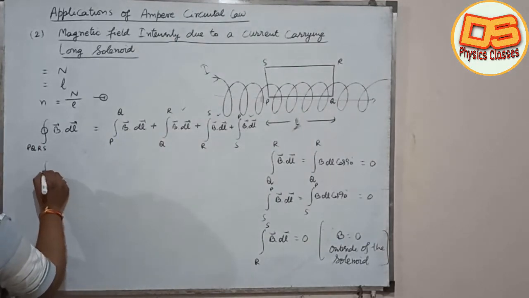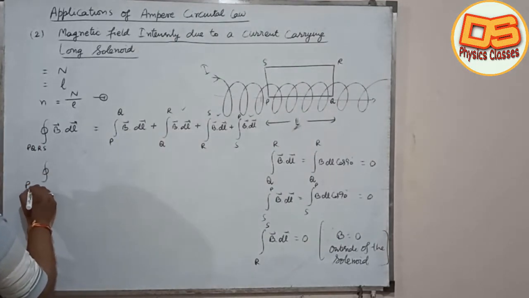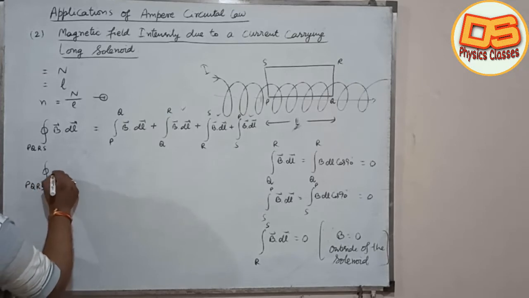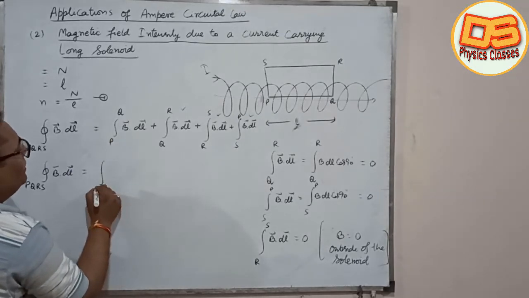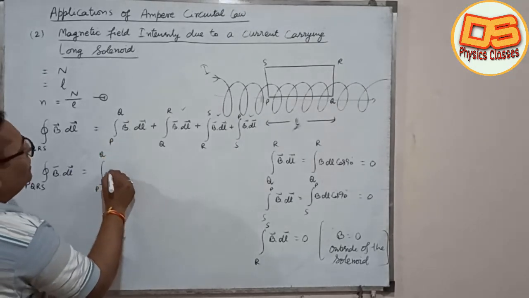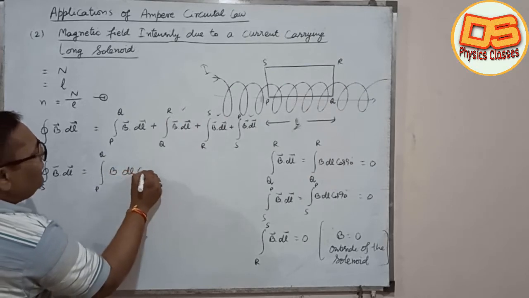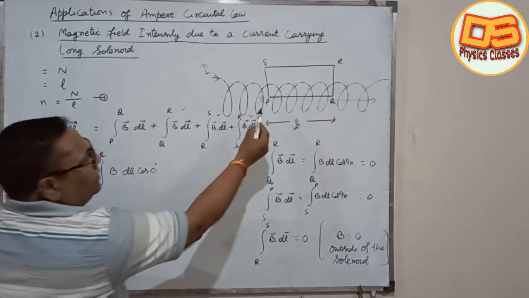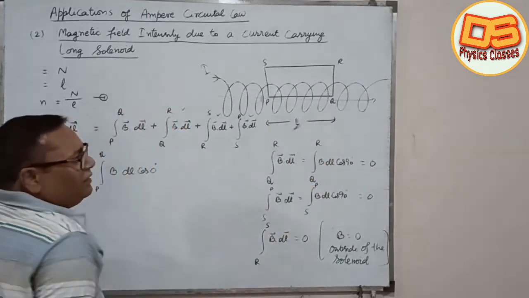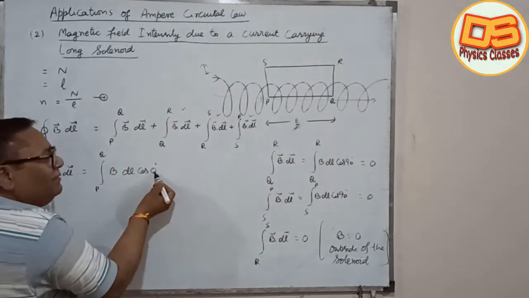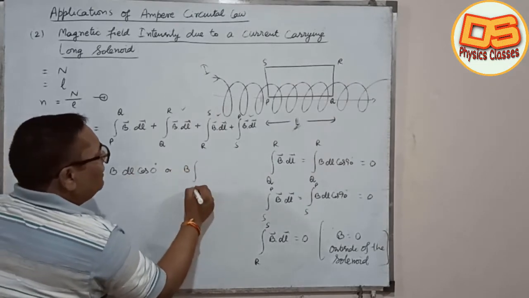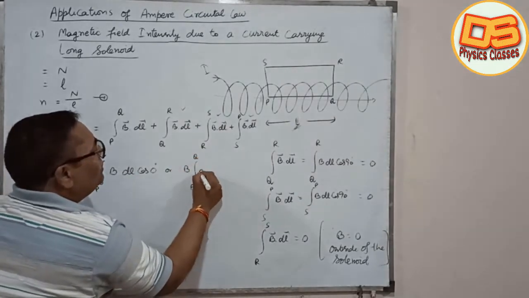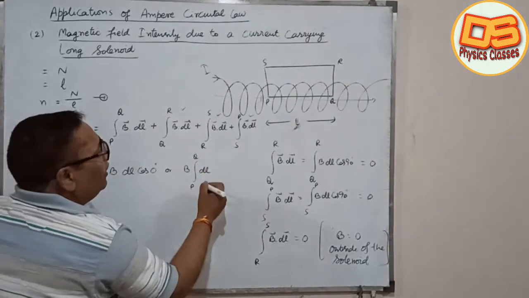And for PQRS, the closed integral of B dot dl is equal to the integral from P to Q of B dl cos 0. PQ is parallel to the field, therefore the angle is 0, so this is B times the integral from P to Q of dl.